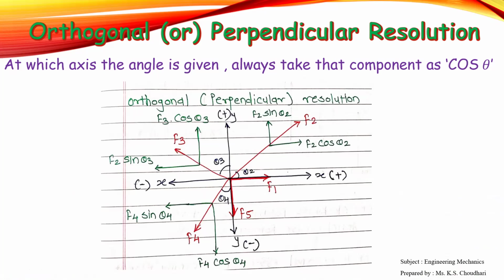What matters is at which axis it makes an angle. Here, at the y-axis it makes an angle theta 3. So we take the y component as cos theta and the horizontal x component as sin theta. Here also theta 4 is with the vertical, so the vertical component is the cos component, cos theta, and horizontal is the sin theta. That is F4 cos theta 4 and F4 sin theta 4. This is the simple and best solution of it.